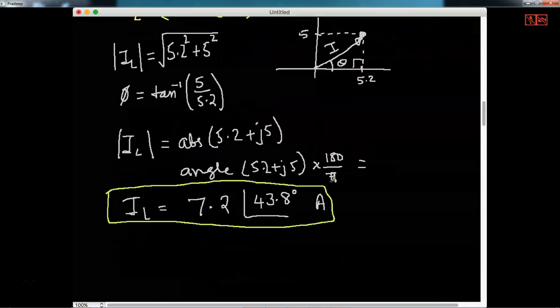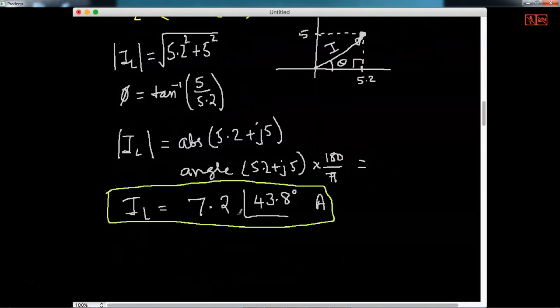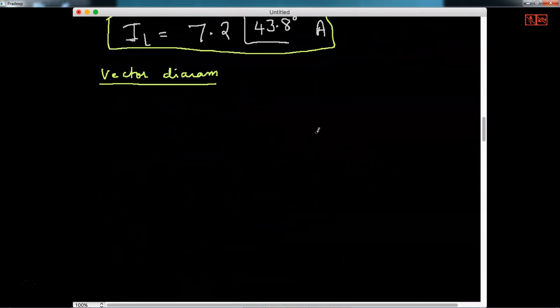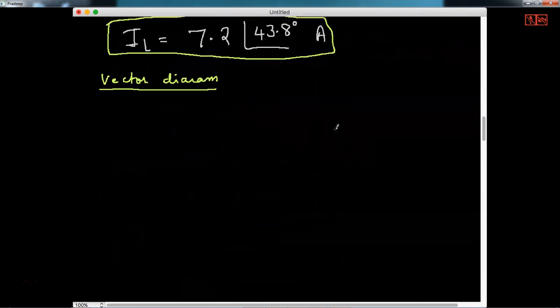Okay, so now one thing is still left to do, that is we now need to draw the vector diagram. Let us first begin the vector diagram by drawing the supply voltage. Supply voltage is 100 volts at 0 degrees.